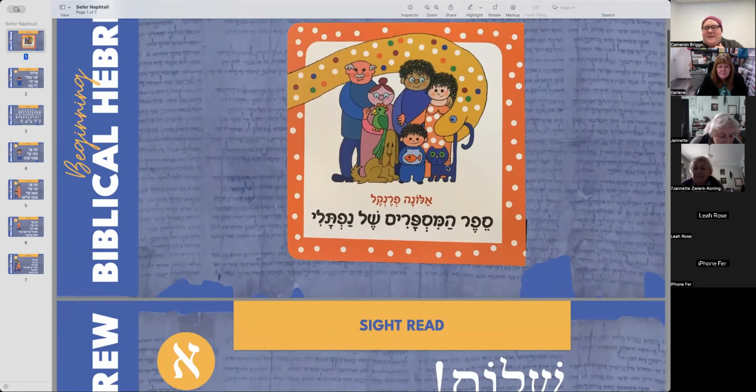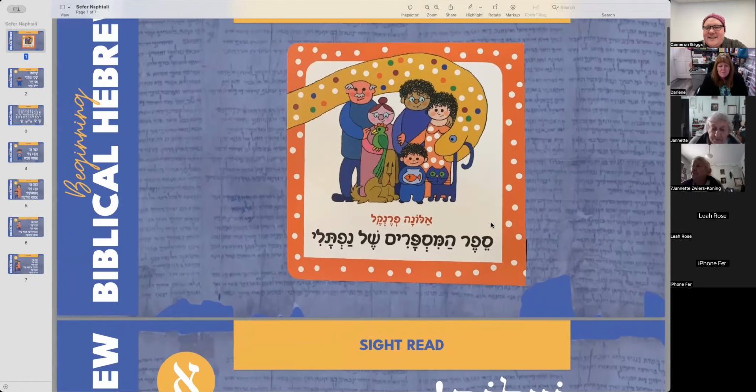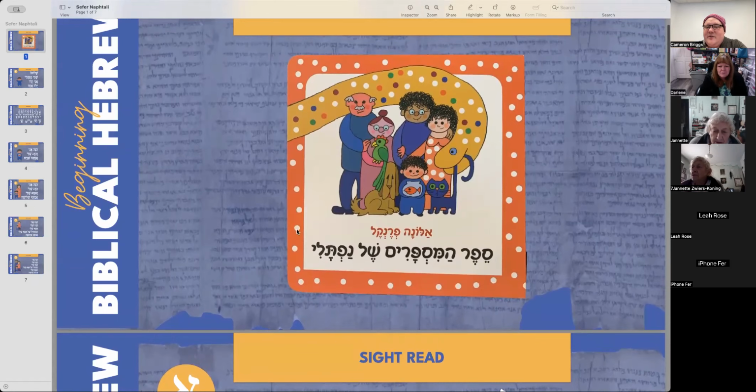So, does anyone remember what the name of the book is? So we've got Sefer Hamisparim Shel Naftali. Book of Numbers of Naphtali. Hamisparim is the misparim, numbers.